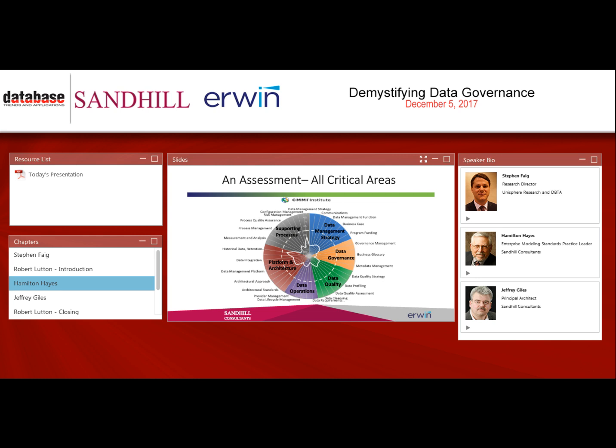So let's look at an assessment. Most of our work is based upon using the CMMI Institute's data management maturity specifications. The DMM breaks down data management into 6 sectors, one of which is data governance. Each of these sectors covers some aspect of data management. It's a very thorough set of standards.